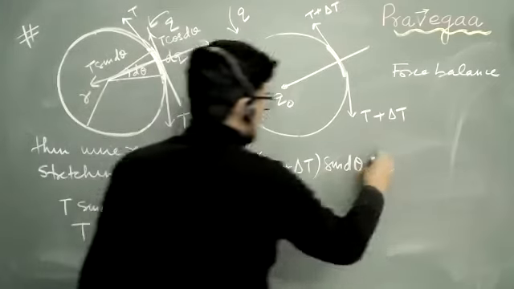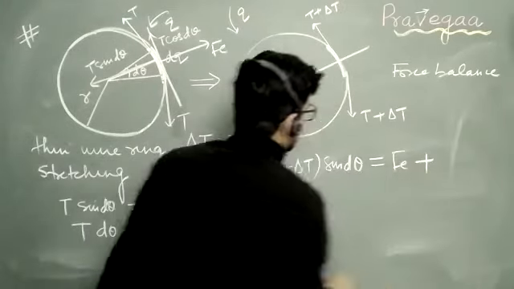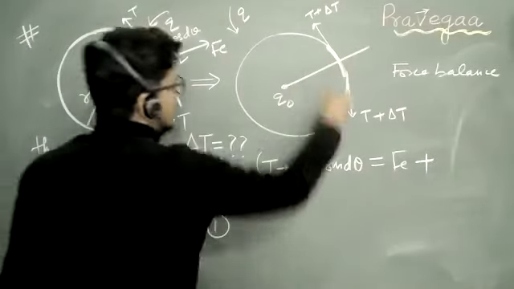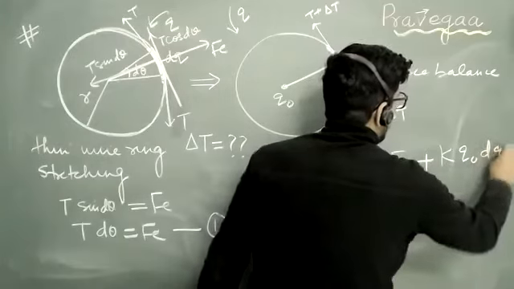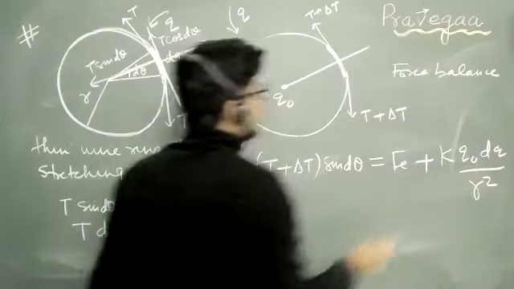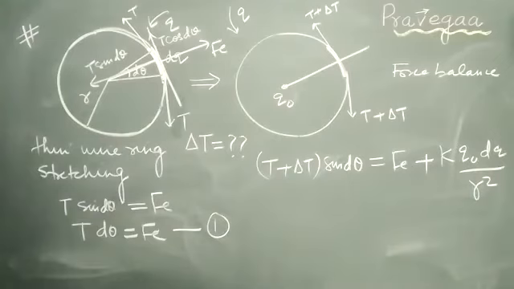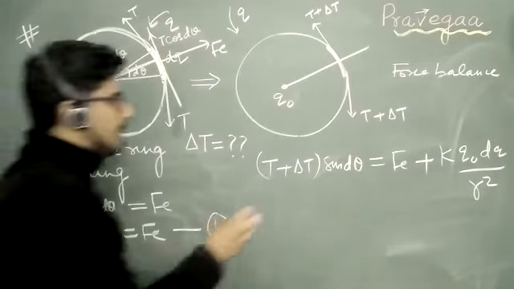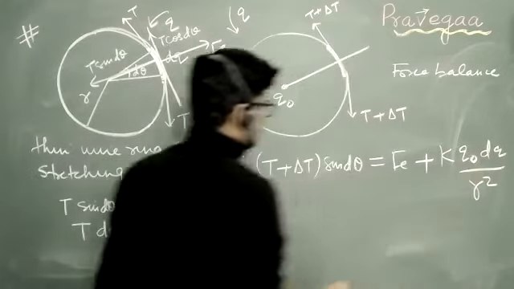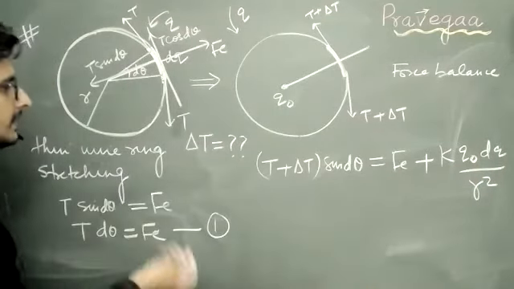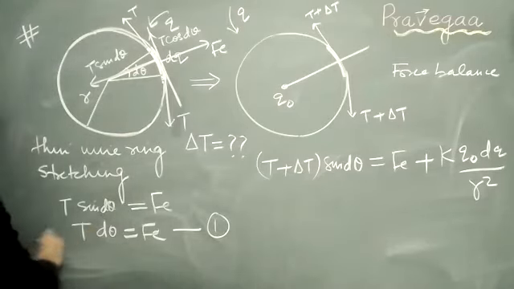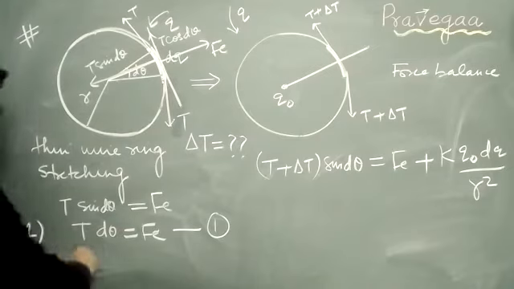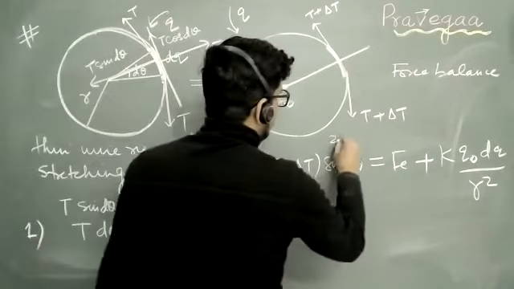Please see, this will be equal to Fe plus extra force, which will be K Q naught into dq over r square. What is the name of this force? Correct. Coulomb force. So this is initial stage 1, and after introducing this is stage 2.